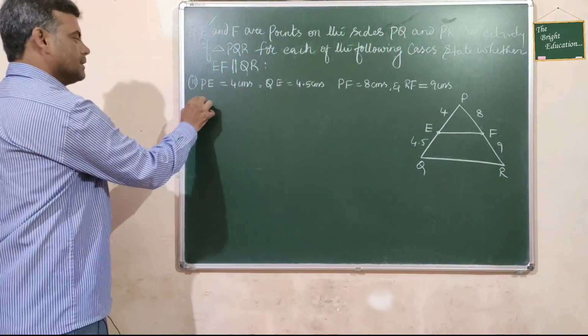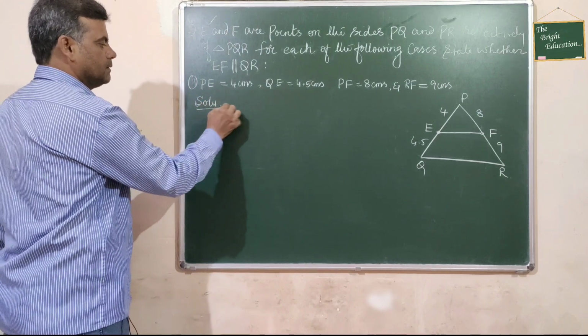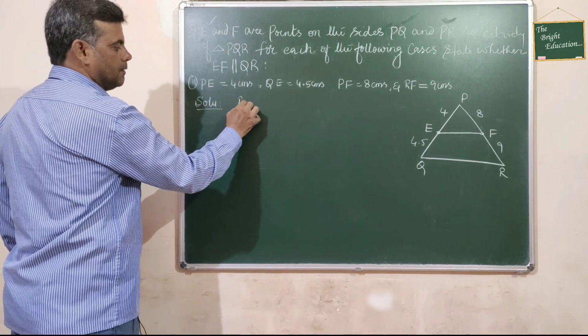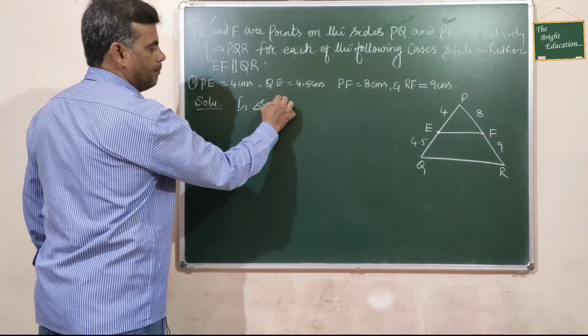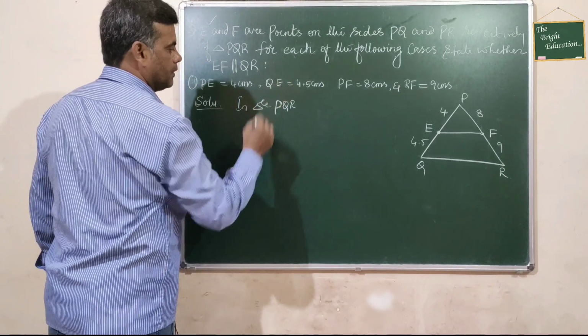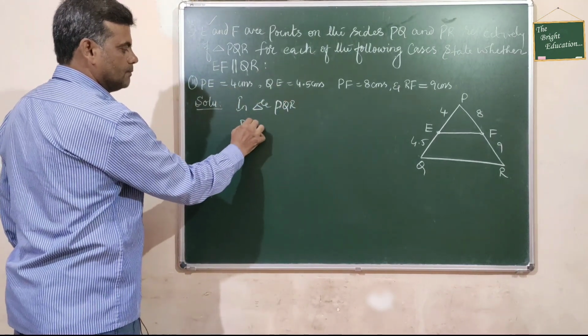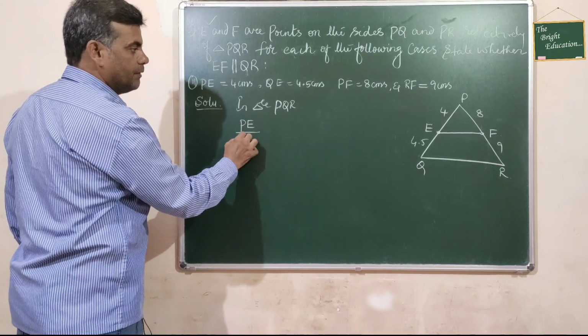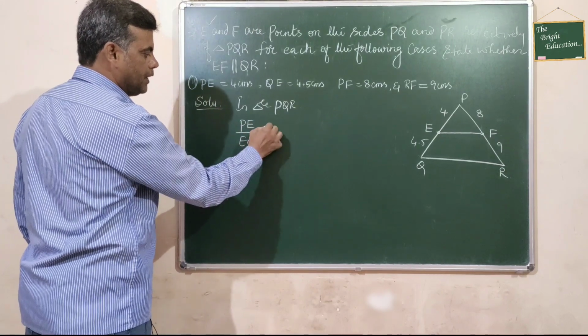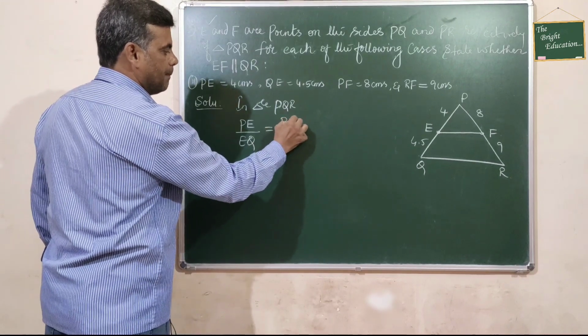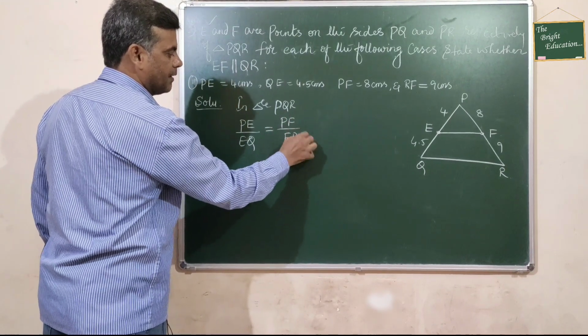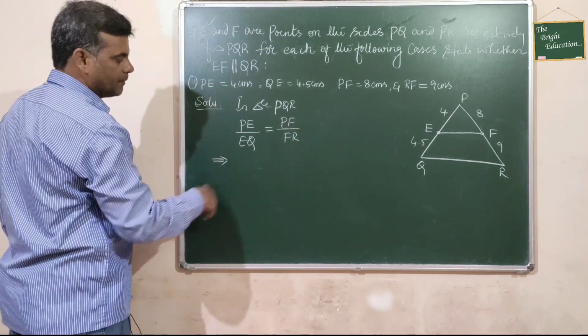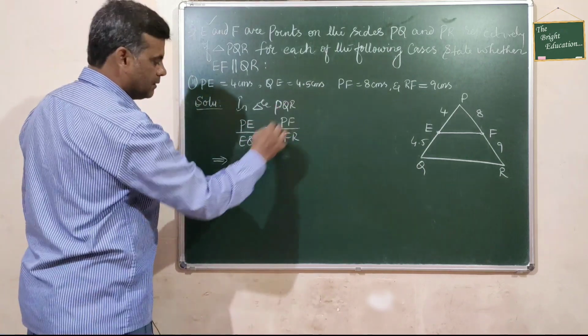Now in the solution part, in triangle PQR, PE divided by EQ equals PF divided by FR. Let's check whether they are equal or not.